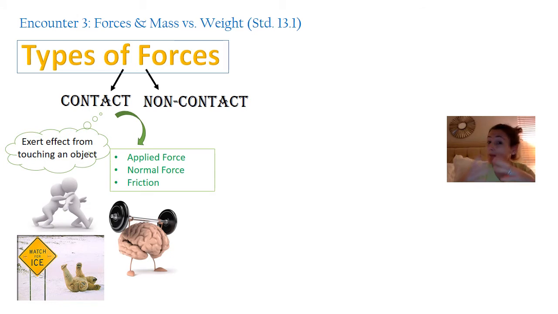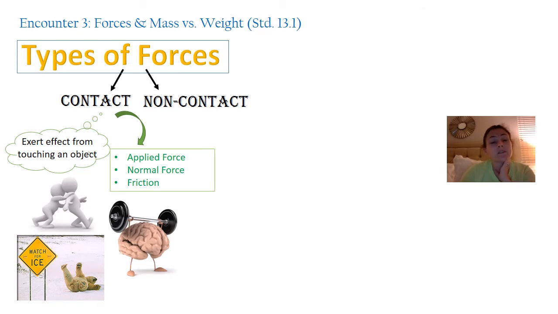Me sitting here in my bedroom, you sitting or standing, that is a normal force, okay? And then there's also friction. Our little polar bear that fell down over there, there was some friction. Yes, ice does cause friction. Anything that rubs against another is considered to be friction. So there are three types of contact forces: applied, normal, and friction.